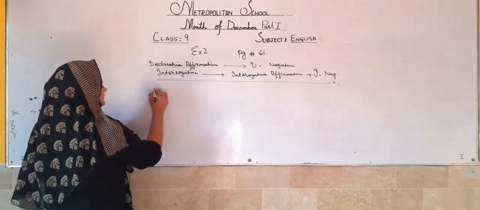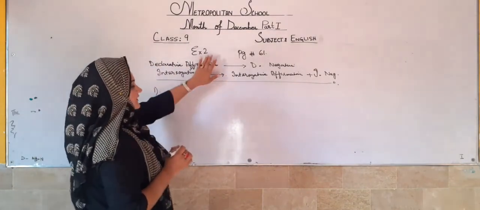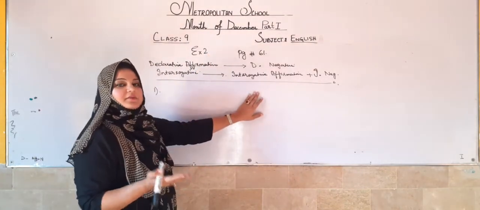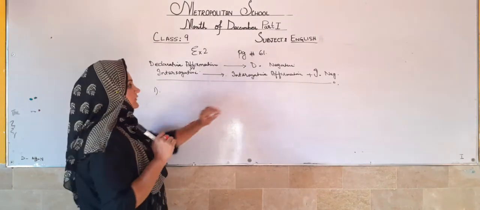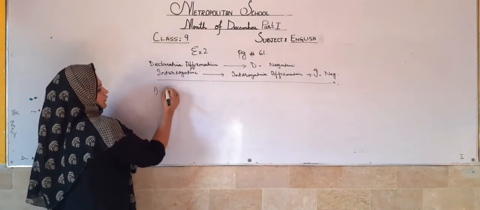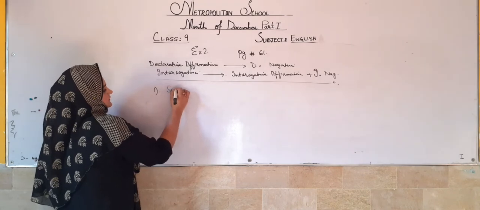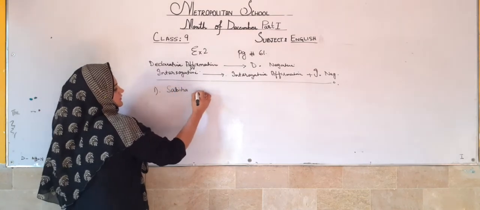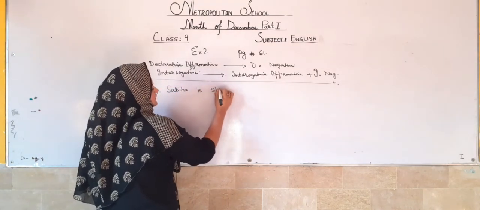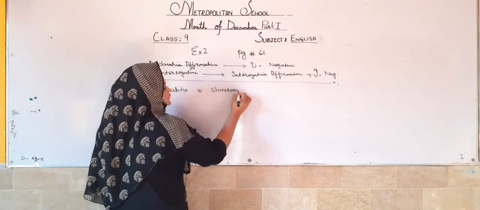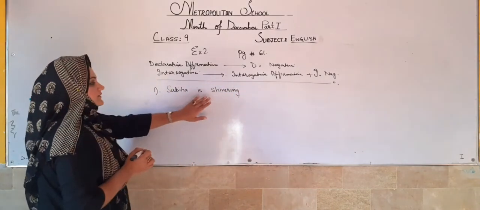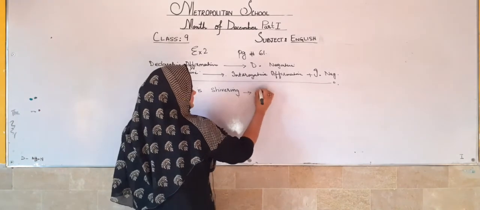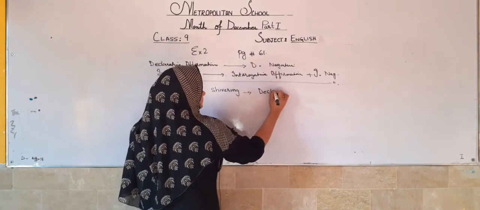So, now number 1 is a statement. In this exercise, we need to take statements of exercise number 1. Which statement was it? Sabiha is shivering. Okay, this is a declarative statement and it's declarative affirmative.